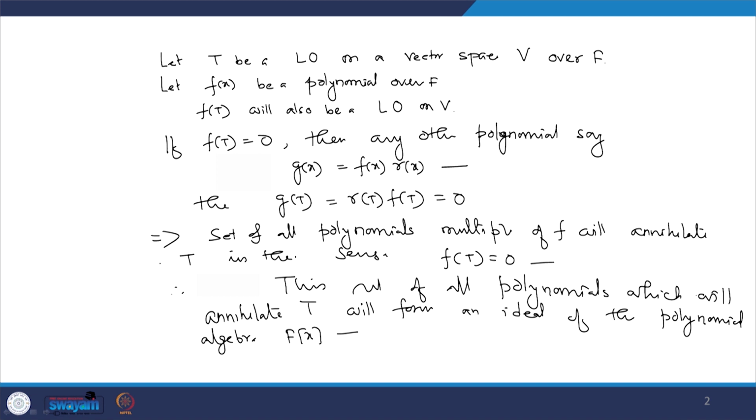Now, since it is an ideal in a polynomial field, certainly there will be a least degree monic polynomial which will act as a generator for the ideal. And that least degree monic polynomial we are defining as the minimal polynomial for the operator T.